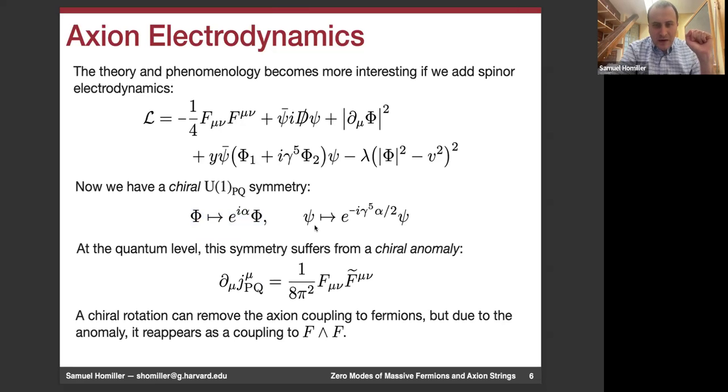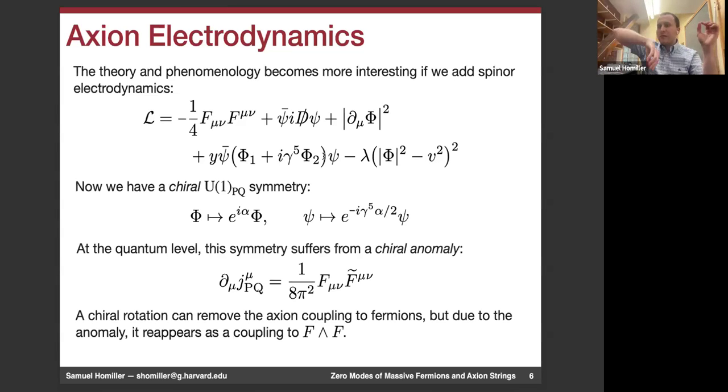And of course, classically, this is a perfectly fine global symmetry. But at the quantum level, the symmetry suffers a chiral anomaly. And so you get this extra F F dual piece in the theory. If I expanded this interaction between the fermion and the scalar, you would see in the classical Lagrangian an interaction directly between the axion field and psi bar psi, that is, the axion coupling to fermions.